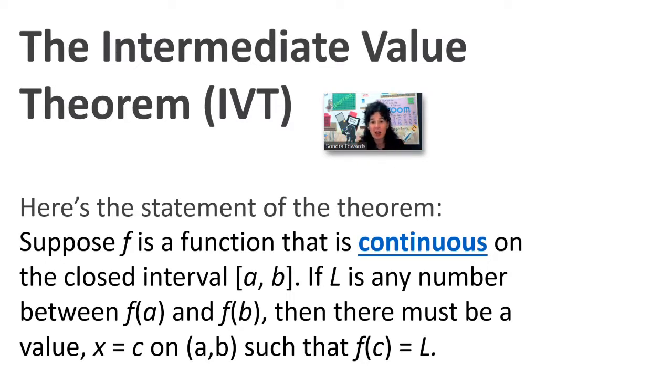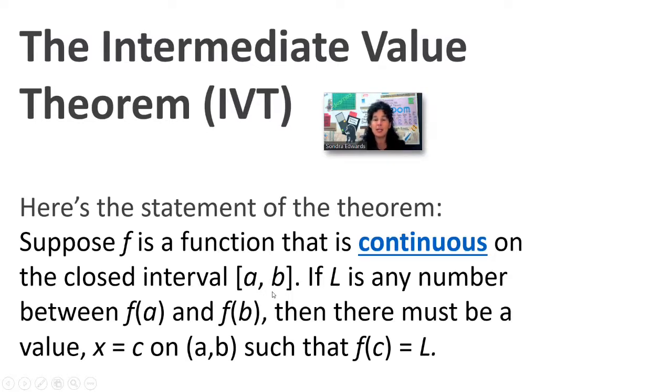Then if L is a number between f of a and f of b, in other words, L is a height between the height f of a and f of b. You get the height f of a by plugging in the x value a, and you get the height f of b by plugging in the x value b. And so we're guaranteeing that there's this height between these two heights that are created by plugging in those endpoints.